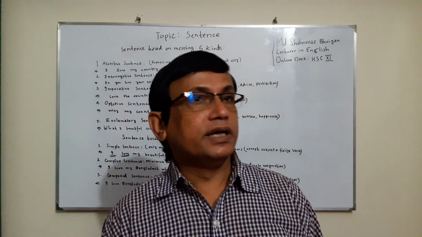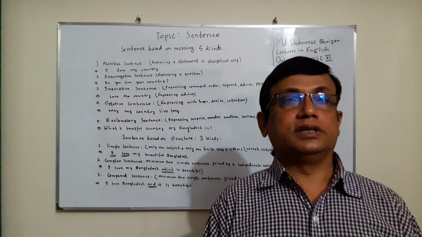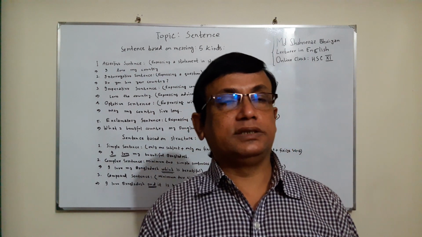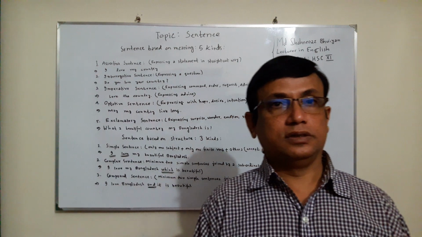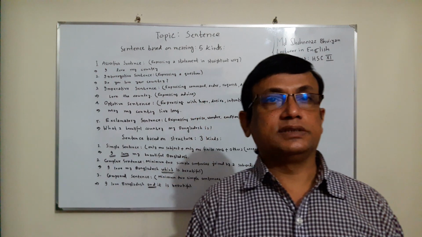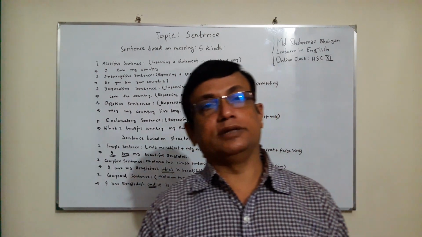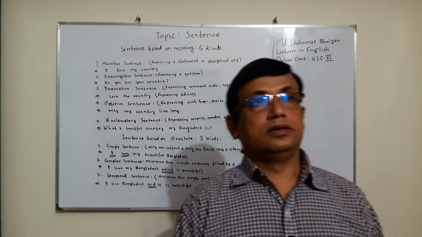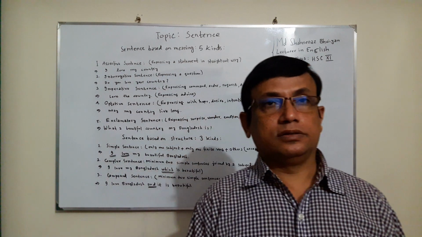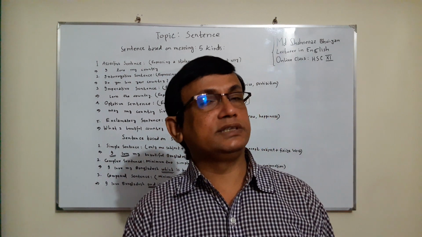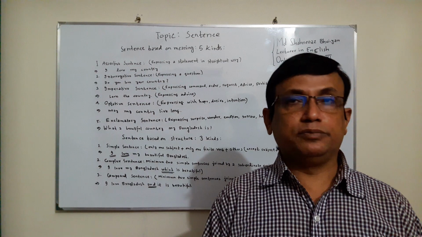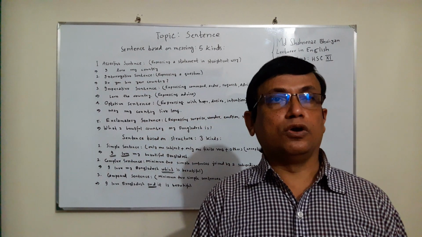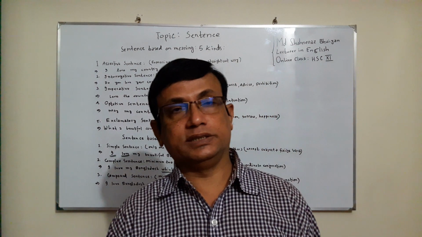Learners, these 5 sentences express their respective meanings. These 5 sentences can be affirmative or can be negative. In our practical life, we have to say something affirmatively and negatively. So, it is true for all these 5 sentences.